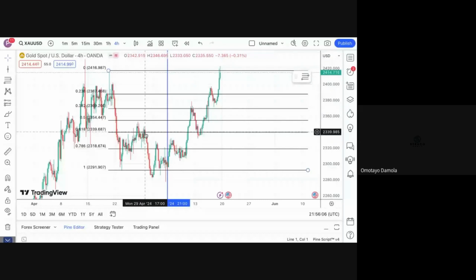But here it broke it, came to this 0.5, broke it again, and came here, almost broke it, but it showed a rejection. Then it fell all the way back to this 0.618, and it showed another rejection candle. Then we went up. Now the thing is that if you came here and you bought, you would have bought at a very good price and you would have made profit.